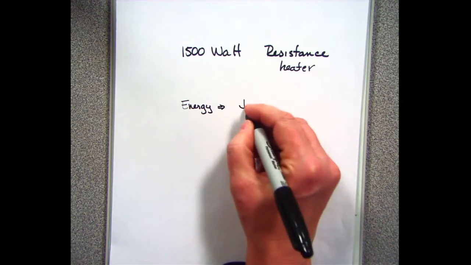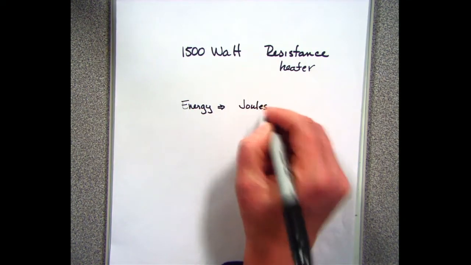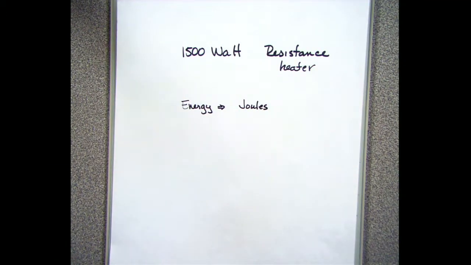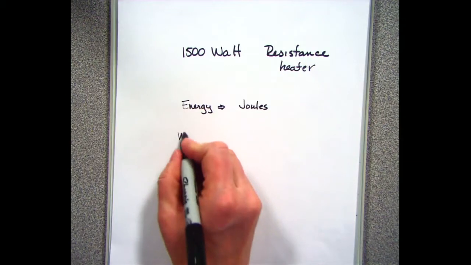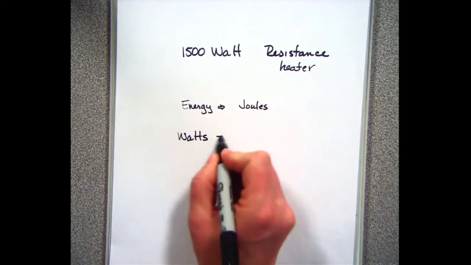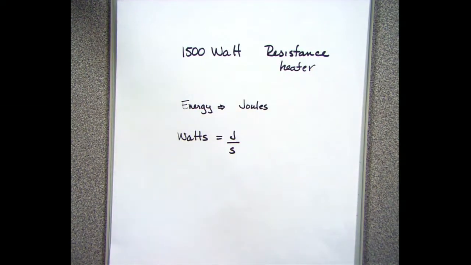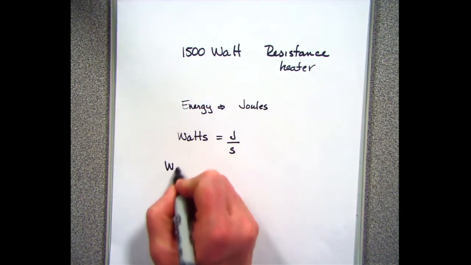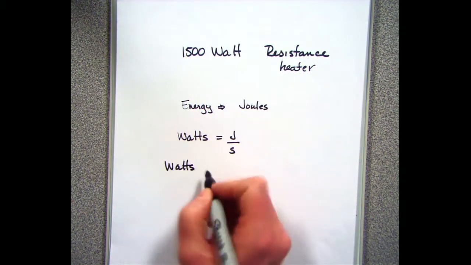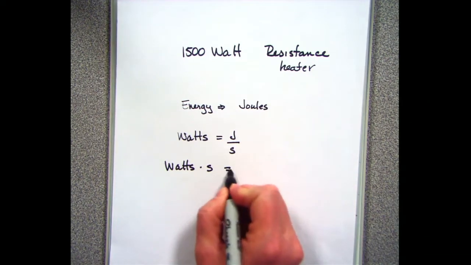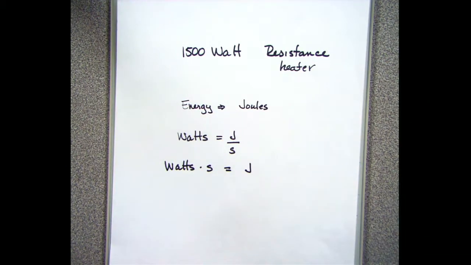So if I do watts times seconds, that's going to give me energy. So on my electric bill, a kilowatt hour, if I do the conversions, I'm going to relate it back to energy. So kilowatt hours are energy.